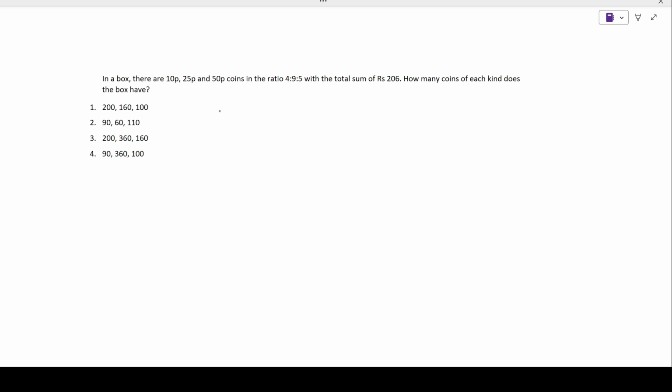Here let's suppose the number of coins of 10 paise is 4x, the number of coins of 25 paise is 9x, and the number of coins of 50 paise is 5x.